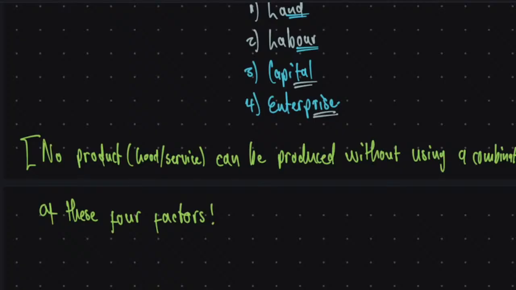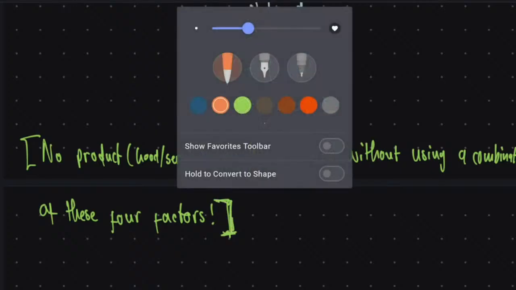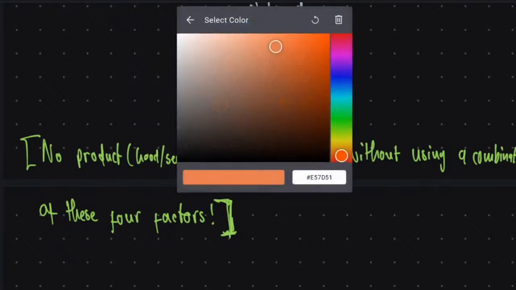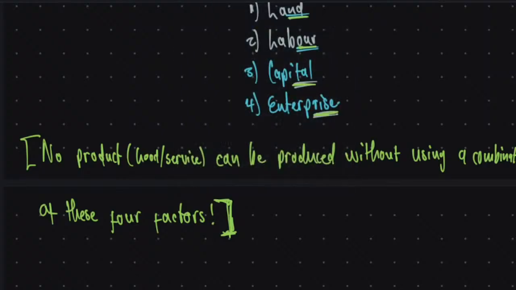We cannot produce a good or a service without using land, labor, capital, and enterprise. So these four, LLCE, are the four factors of production.